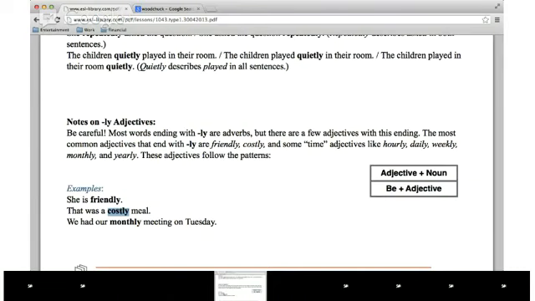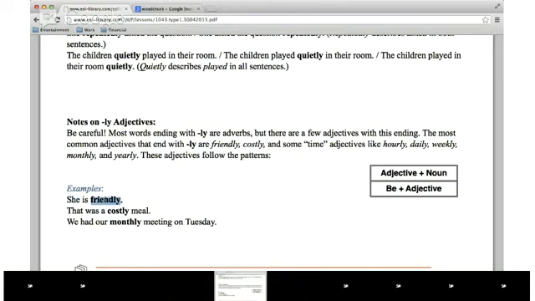Now, if you see a phrase like she is friendly, you see some form of the verb to be plus the word that ends with ly. Well, adverbs modify verbs, and it would not make sense to be something friendly. So you're actually modifying the noun.